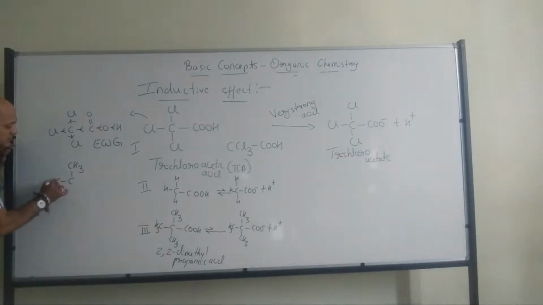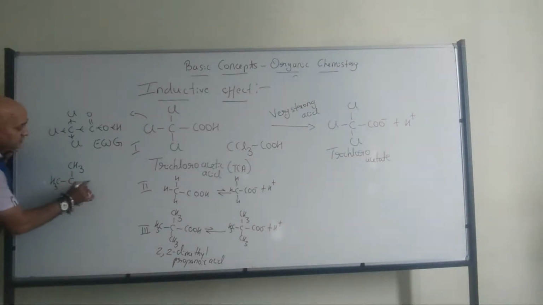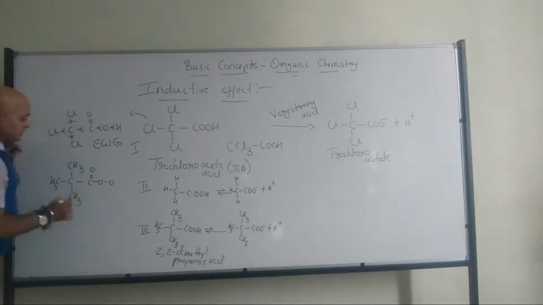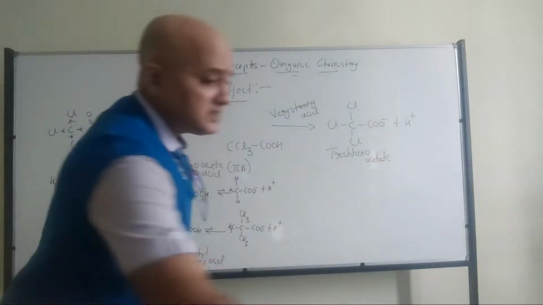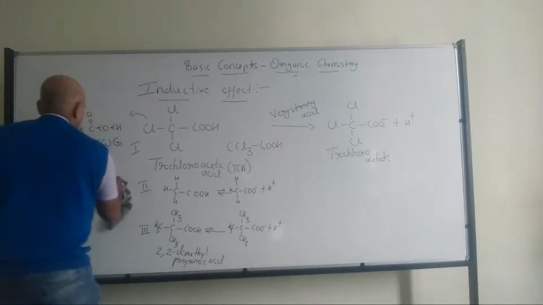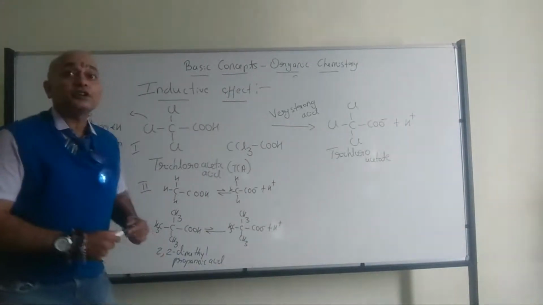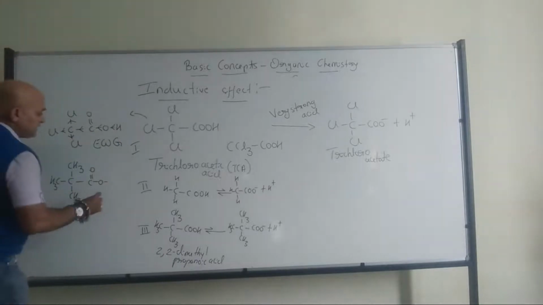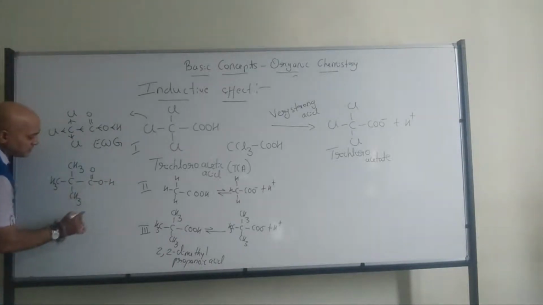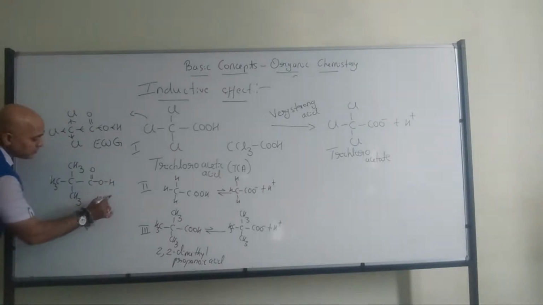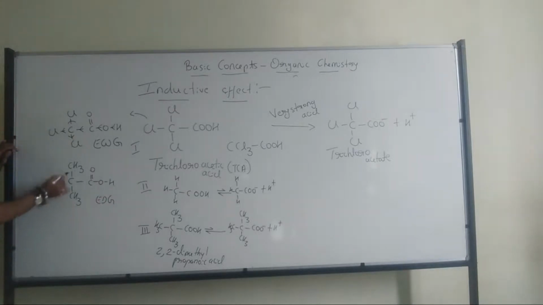Now, due to the presence of an alkyl group, which alkyl group is here? Methyl group. As we know, alkyl groups act as electron donating groups, whether methyl or any alkyl group.